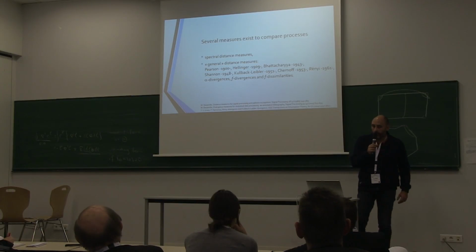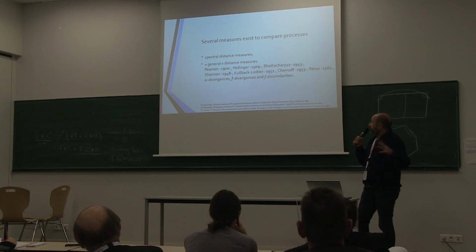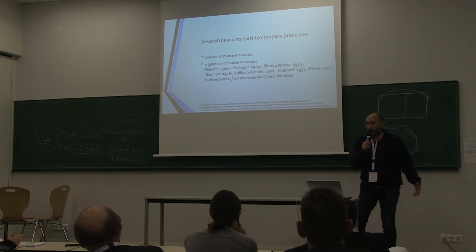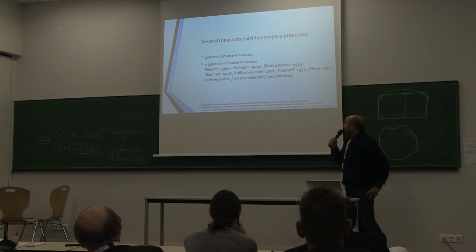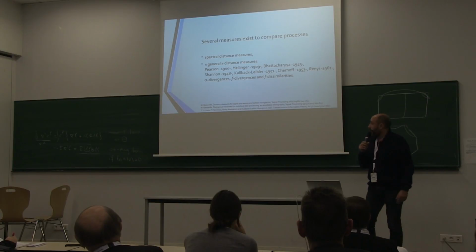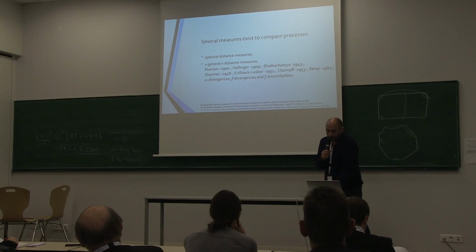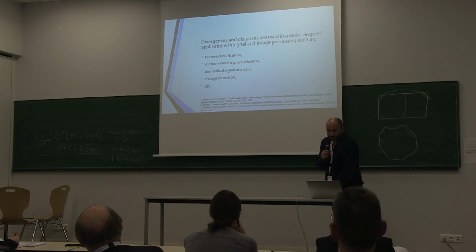As you know, several measures exist to compare processes, and we can either look at spectral distance measures on the one hand, and on the other hand, we can take advantage of general distance measures, and of course, several experts in the field contributed to this area, from Pearson to Rényi, and of course in the last decades there were also many works dealing with alpha divergences, F divergences, and when comparing more than two probability distribution functions, F dissimilarities.